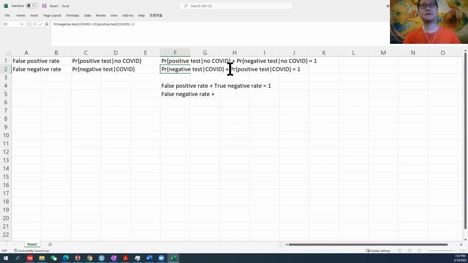If a person has COVID, conditional on this, what's the chance of getting a positive test result? What do we call this probability? True positive. Wonderful. It's called the true positive rate.